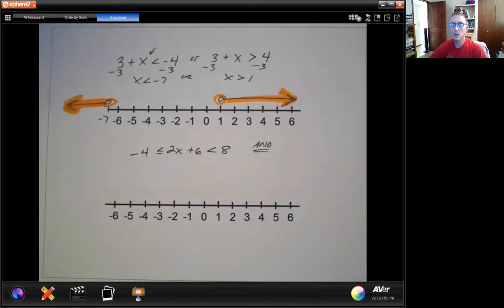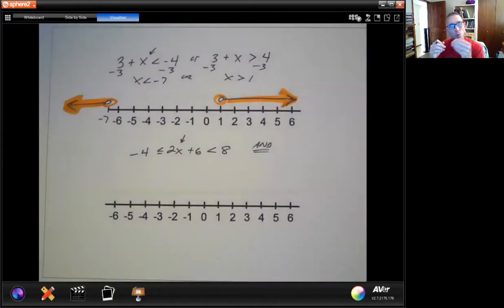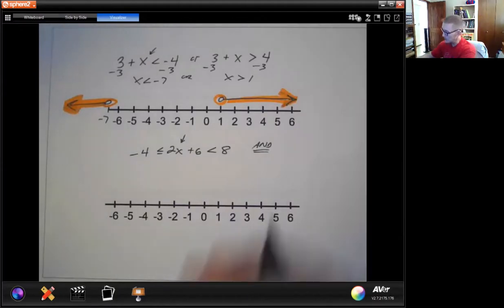Now, here's the key. When you have an inequality set up like this, I have to get x alone. And in the past, the rule has always been whatever you do to one side, you do to the other. But inequalities like this don't just have a left and a right. They have a middle, a left, and a right. So whatever I do to the middle, I have to do to both of the other sides.